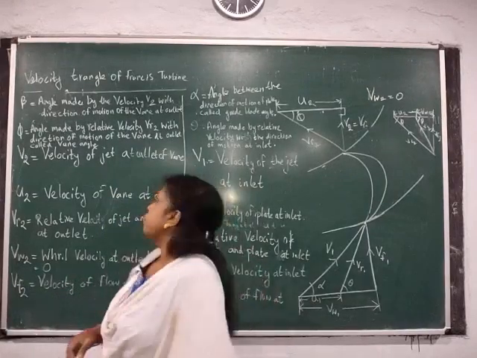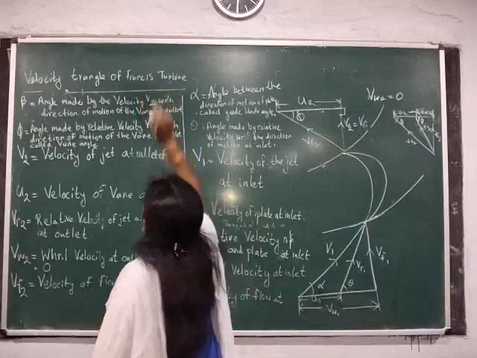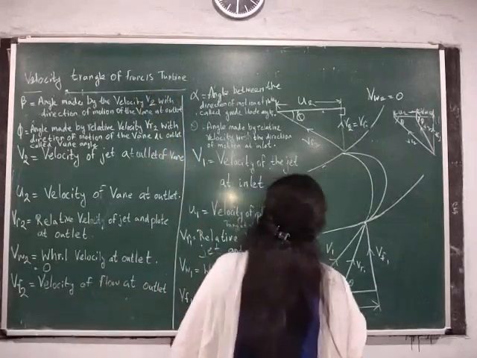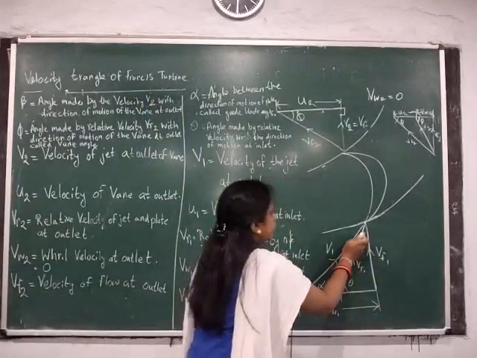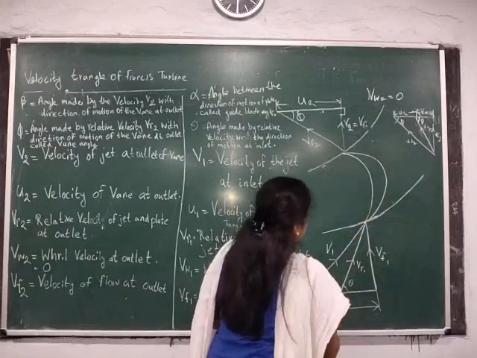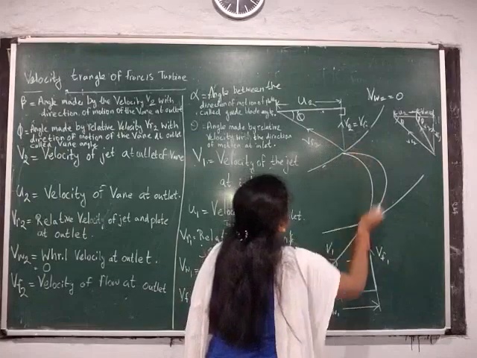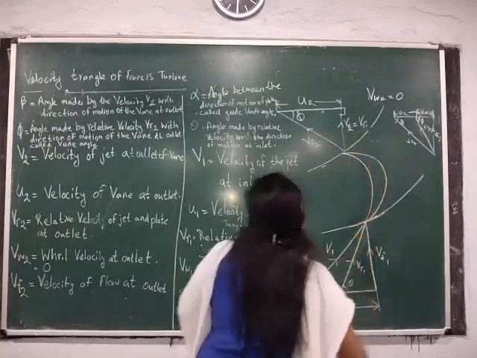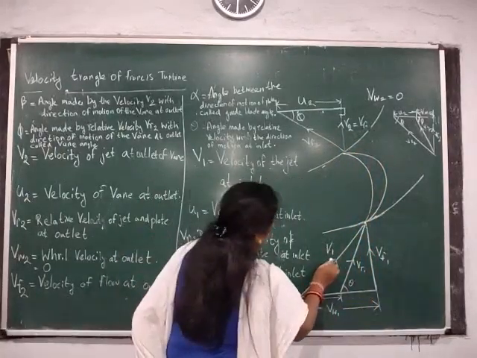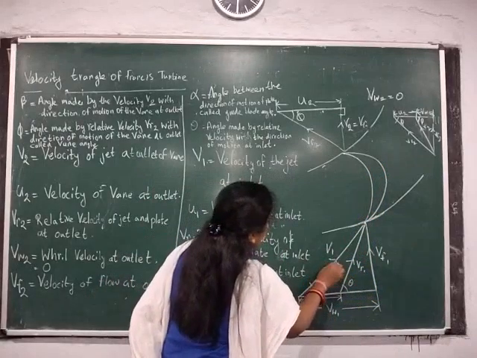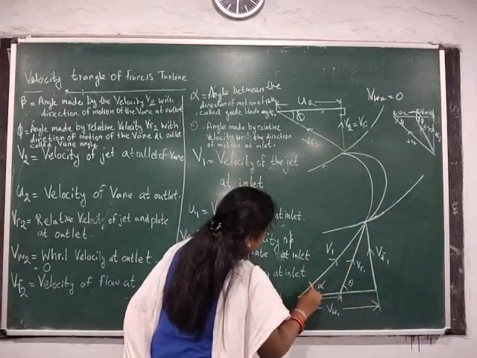Here we are going to learn the velocity triangle of a Francis turbine. This one is the velocity triangle at inlet, and this one is the velocity triangle at outlet. This is the vane. So what is V1? V1 is the velocity at inlet, which is making an angle alpha.